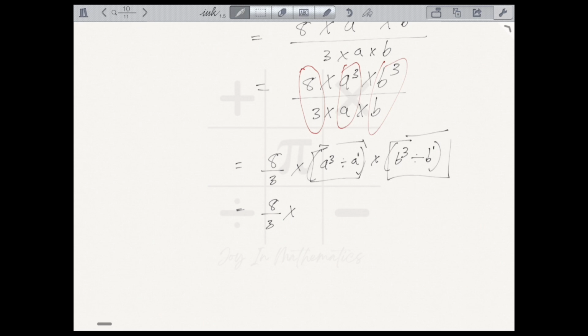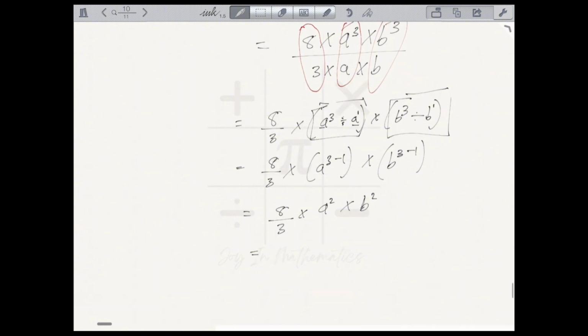So in this case, we have a raised to power 3 minus 1, because they have the same base a and the sign of operation is division, multiplied by b raised to power 3 minus 1. So this will give us 8 over 3 multiplied by a squared multiplied by b squared.